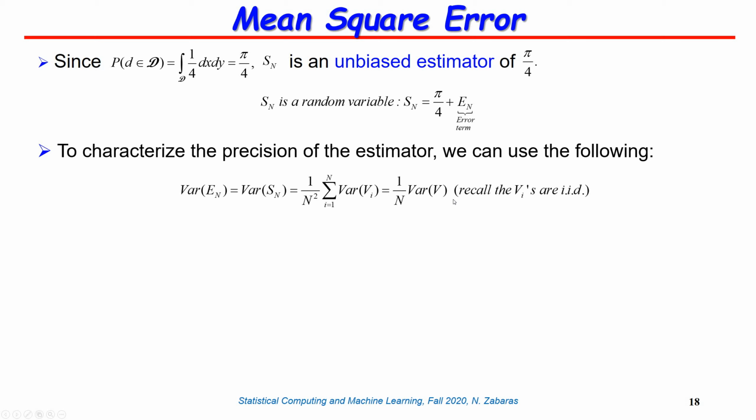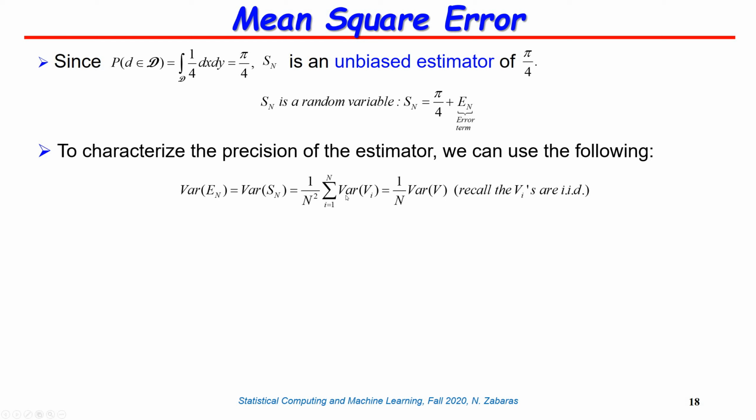So if you are throwing the dart on some arbitrary location x and y, and v is your indicator function that you'll be on the circle for that x and y, the variance of v divided by n is the variance of your estimator, okay? So where is the n coming from?